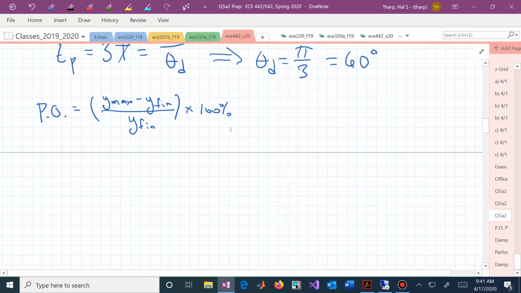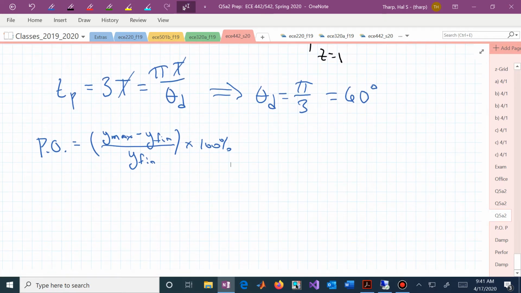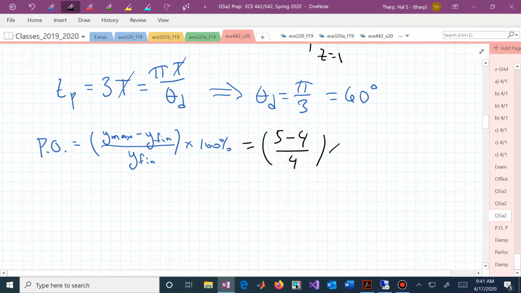You can, I guess, go get some scissors and tape and expand the piece of paper that I provided you with the note-taking material. But now we have 5 minus 4 over 4 times 100%, or that's now 1/4, or 0.25 times 100%. Our percent overshoot is now 25%.